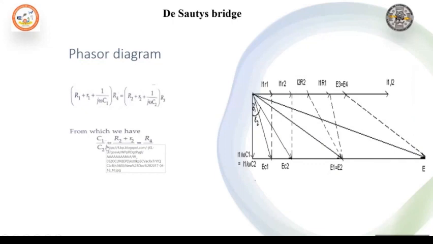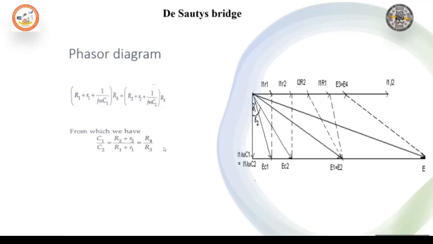Simplifying, we get C1/C2 = (R2 + r2)/(R1 + r1) = R4/R3. In the modified de Sauty bridge, the balance condition can be easily obtained by varying the resistances in the circuit, such as R1, R2, R3, and R4.